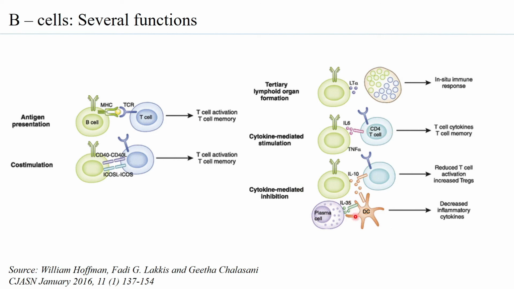Interestingly, it has also been observed that certain cytokines like IL-10, when released by B cells, function as what are called B regulatory cells. And these B regulatory cells are able to control the inflammatory process.